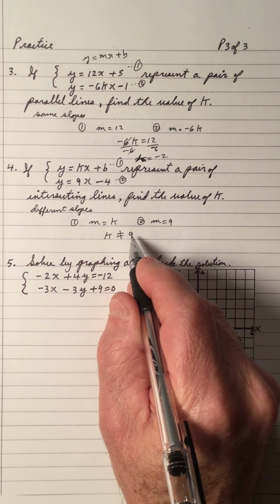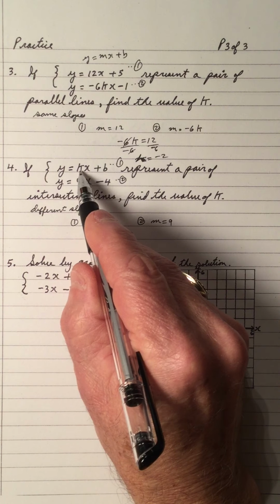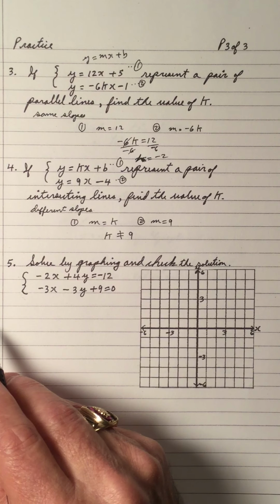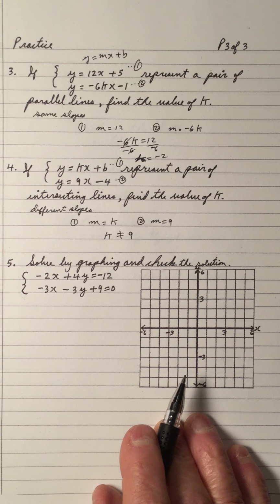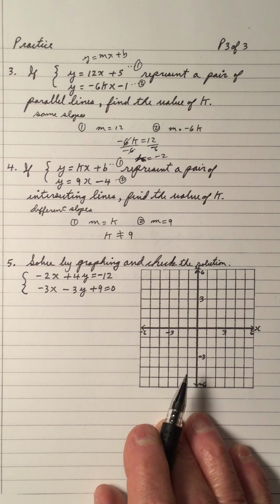What does that mean? You can have any value for k, but not 9. Okay, just a little bit different in the terminology. Check with your teacher if you find yourself getting mixed up, and see if your teacher can also help you out.